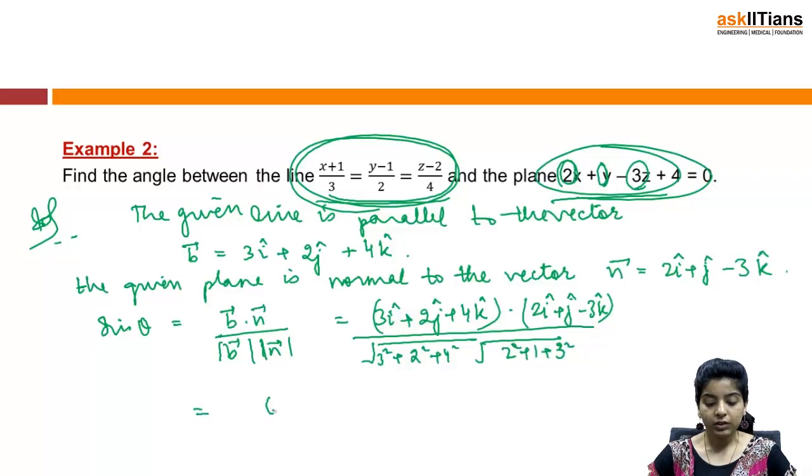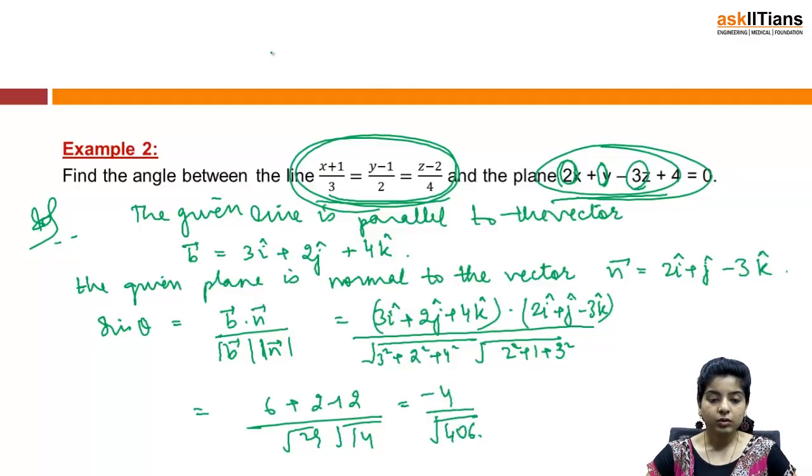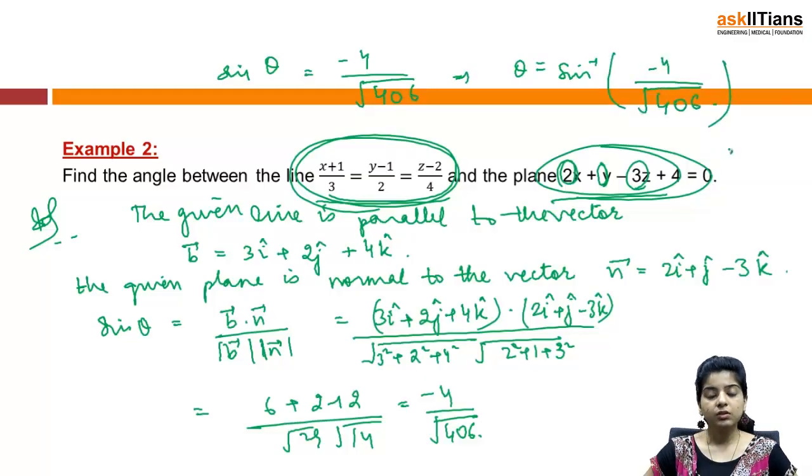So this gives me (6 plus 2 minus 12) by under root 29 under root 14, which is minus 4 by under root 406. So sin theta is minus 4 by under root 406, which implies theta would be sin inverse of minus 4 by under root 406. So this is the required angle.